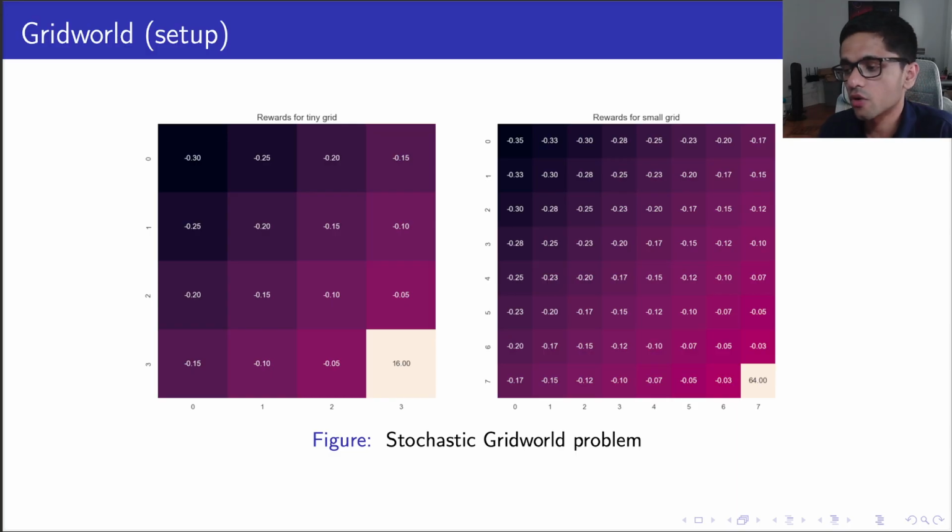Also, we limit the total number of actions in an episode, so we don't end up with an infinite loop. We use a small 4 cross 4, then a 10 cross 10, and a large 50 cross 50 world with 2500 states.